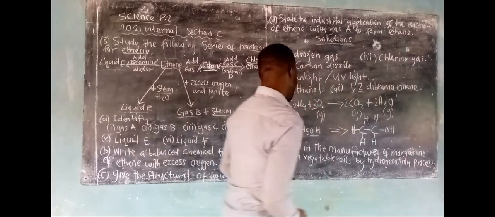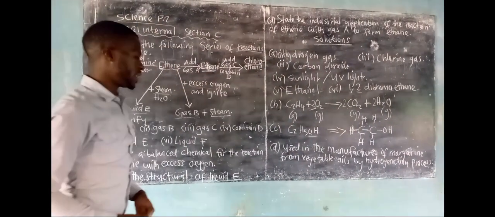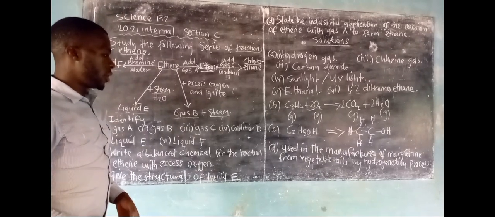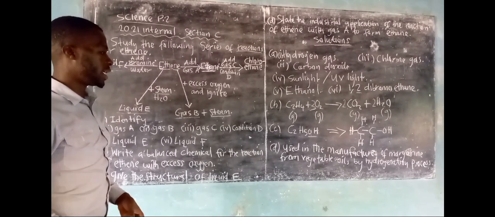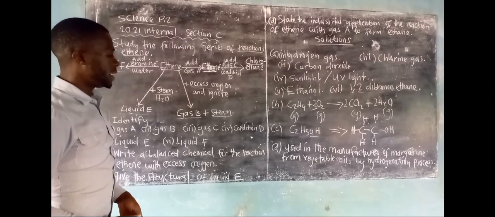So we said used in the manufacture of margarine from vegetable oils by hydrogenation process or reaction. Okay, so that's it.